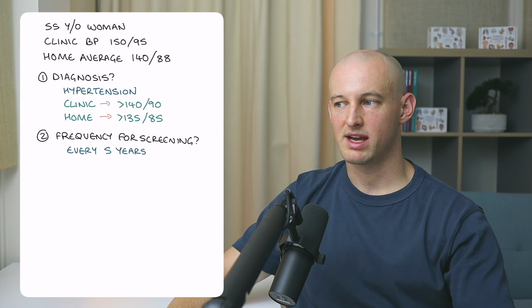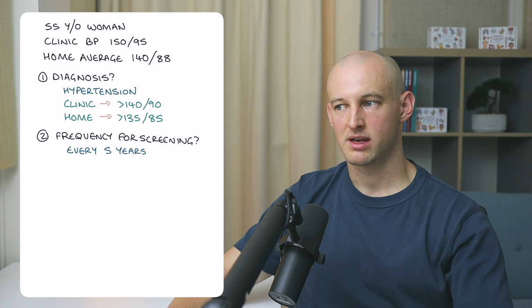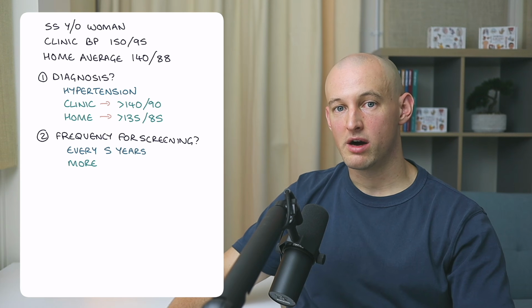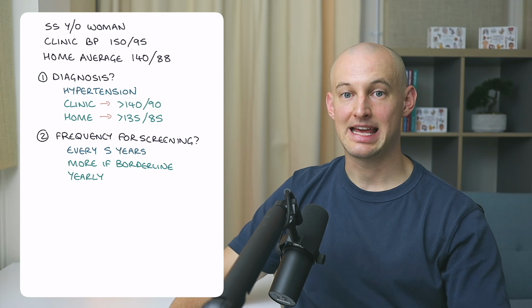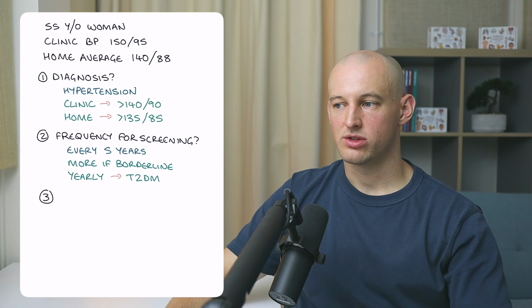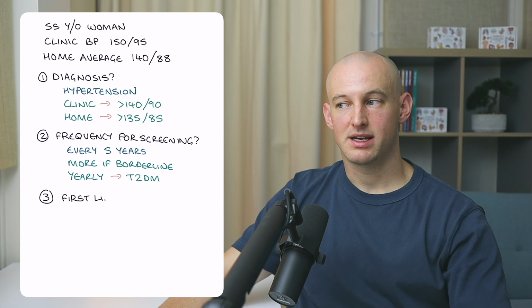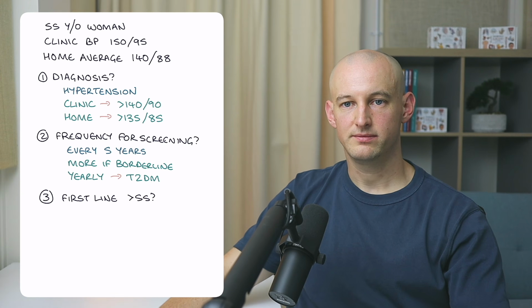So the NICE guidelines recommend screening for hypertension every 5 years in healthy individuals. You do it more often if the blood pressure is borderline, and it's recommended yearly in patients who have type 2 diabetes.